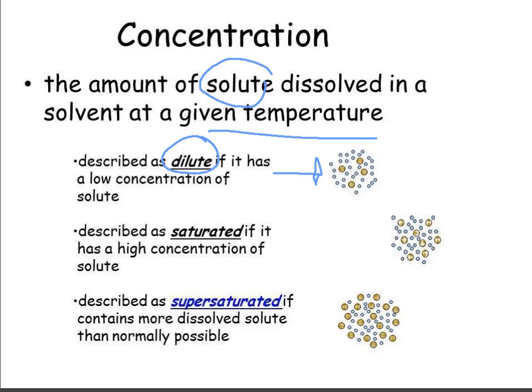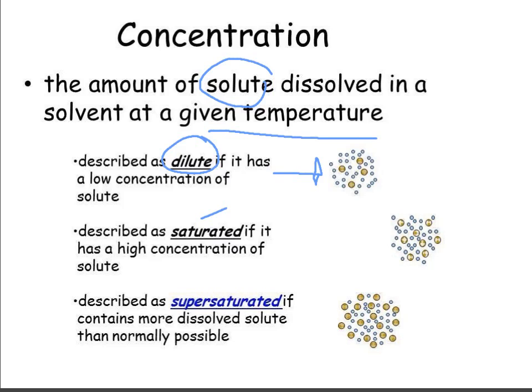Next, aside from a diluted solution, we also have what we call a saturated solution. A saturated solution is described as such if it has a high concentration of solute.